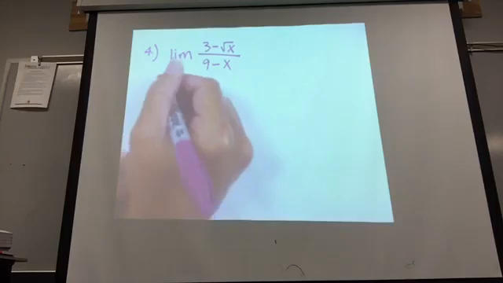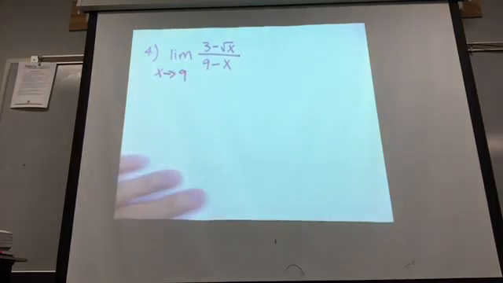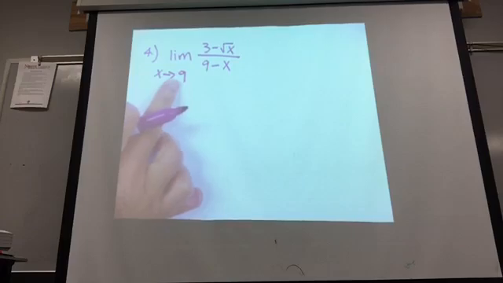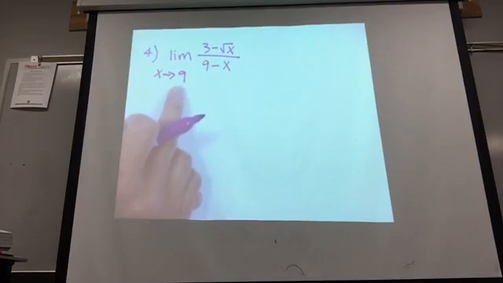And I want to evaluate this as x approaches 9. So I immediately see if I plug in 9, I'm going to get 0 over 0. So I need to simplify this one.